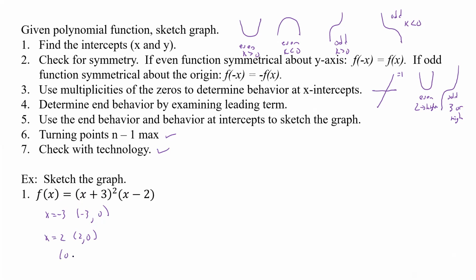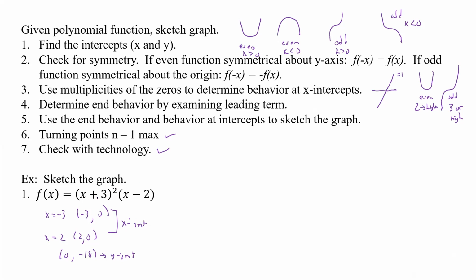So if we plug in 0 for x, we get out a negative 18. So these are x-intercepts, and this is a y-intercept. We just plugged in 0 in here, got out negative 18. We just solve those and set those equal to 0, and we have our x-intercepts. So we have all that.